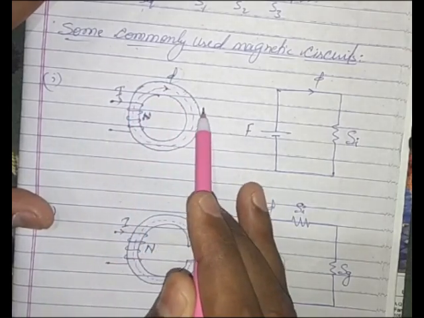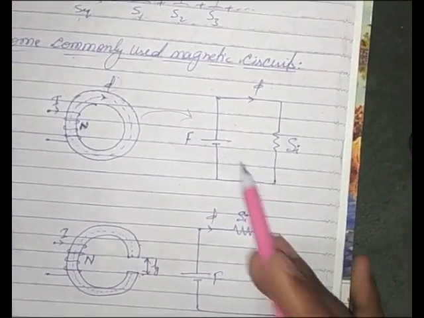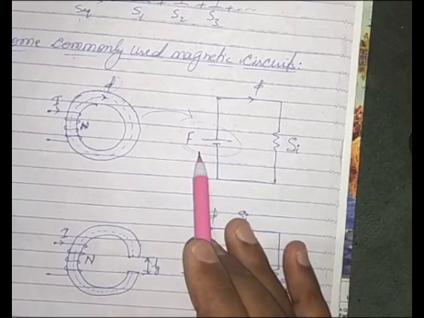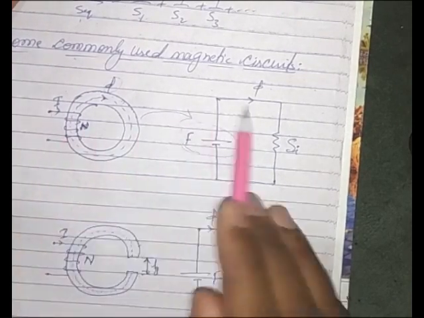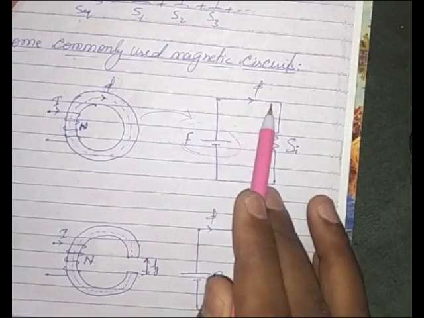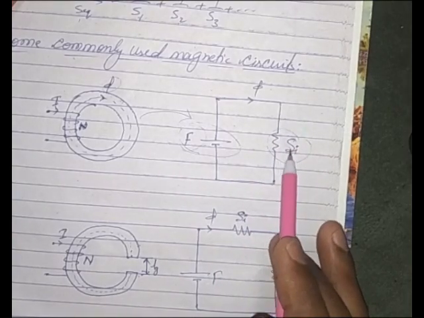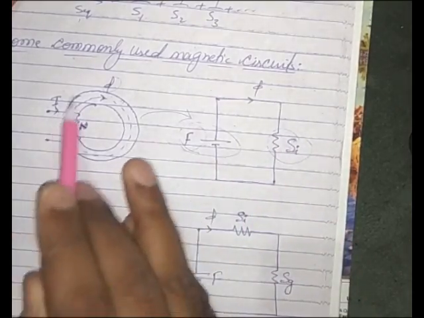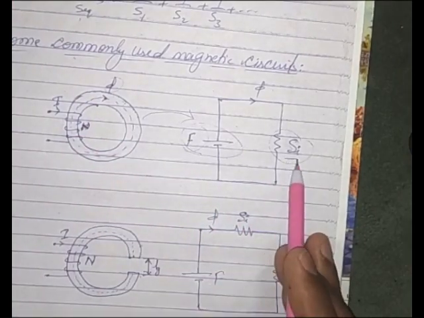So this can be represented in a circuit manner like this. F is the MMF, which is equal to number of turns multiplied by current, and flux phi is produced due to F, and SI means the reluctance of the iron path. If we call this ring iron, it is the iron path reluctance.